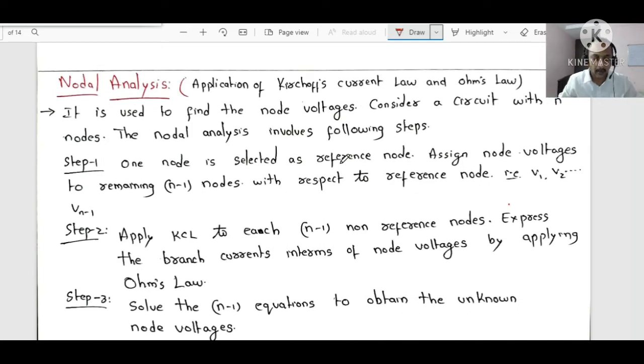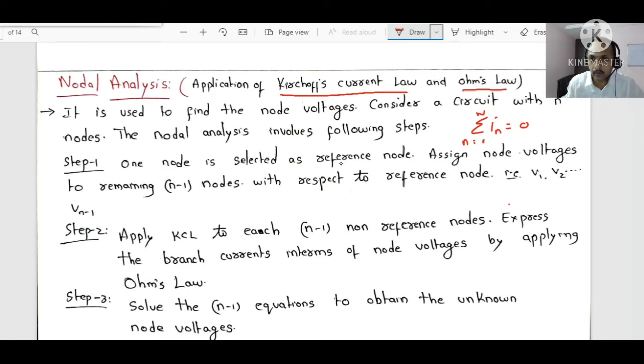we can say this nodal analysis is indirectly an application of two laws, dear students. We are going to apply two basic laws: one is Kirchhoff's current law and the other one is Ohm's law. Simply to say, Kirchhoff's current law: the algebraic sum of the currents at a node is equal to 0, sum from n equal to 1 to N, or the sum of the entering currents is equal to the sum of the leaving currents.